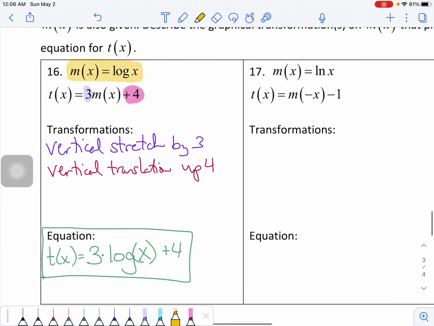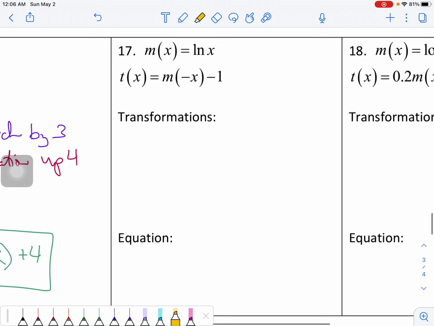All right, one more problem, that's going to be number 17. I'm going to slide on over here, and this is m of x is equal to the natural log of x. Yes, I know it says ln and I just call it natural log. I know the order is backwards. It's just what it is. All right, so we have a transformation there with the negative in front of x, and we have a transformation here with a minus 1.